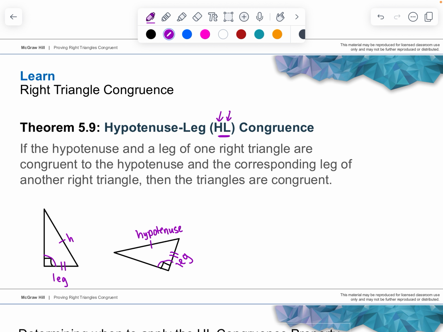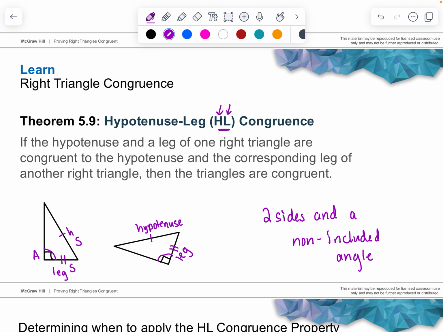So what I want you to realize is that really what you have is an angle, a side, and a side. So this is like 2 sides and a non-included angle. We told you in the last lesson that this was a no-no.